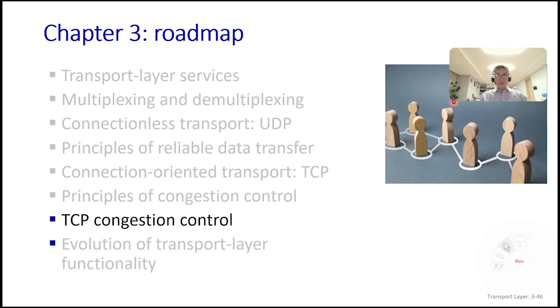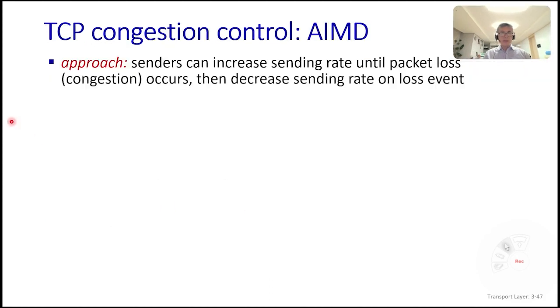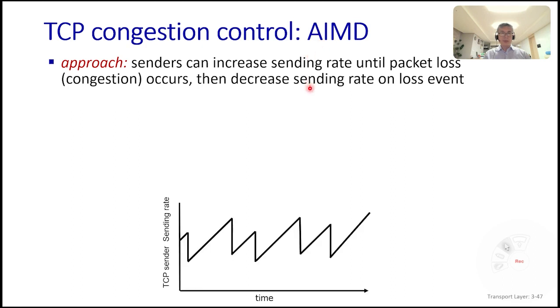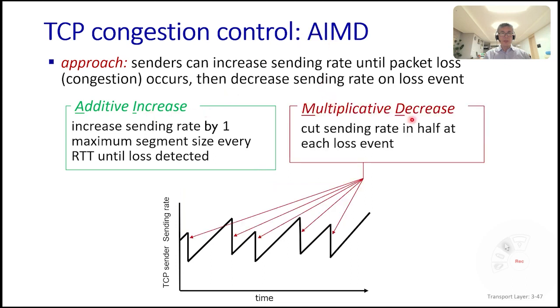Next is TCP congestion control, called AIMD, additive increase and multiplicative decrease.